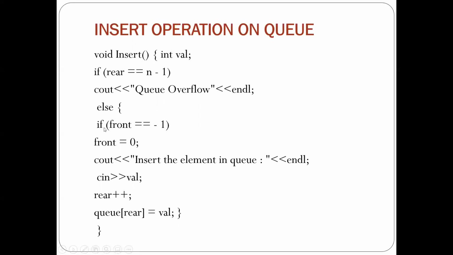And if initially the queue is empty, that means if the front is equal to minus 1, then we have to initialize it to 0. Then we accept the value from the user which we want to insert, increment the rear end, and in that position we insert the value, that is, queue of rear is equal to value. So every time before the insertion, first you have to increment the rear end, and then to that rear position we can insert the item into the queue. So this is the insertion operation.